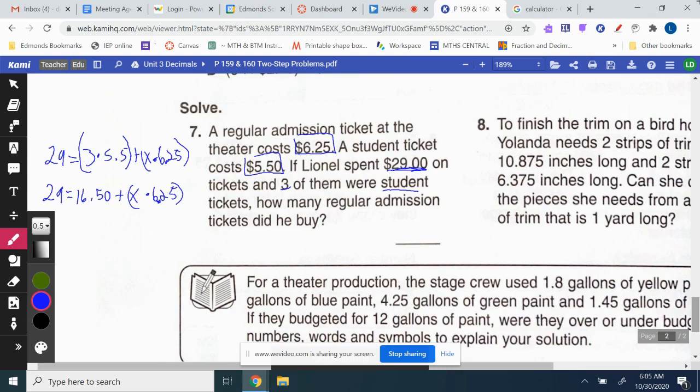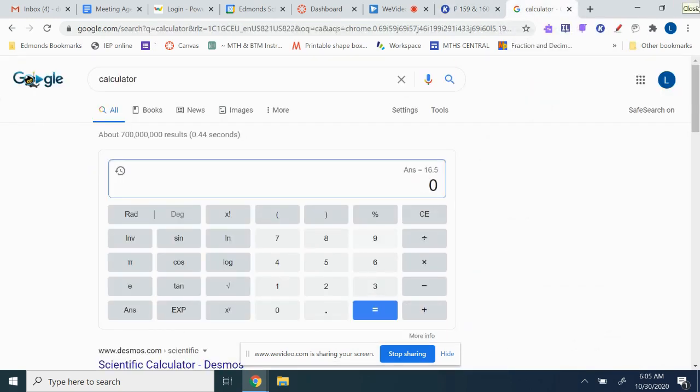So we're going to end up subtracting $16.50 from both sides. So let's go back to our calculator and do 29 minus 16.50. And what I have left is 12.50.